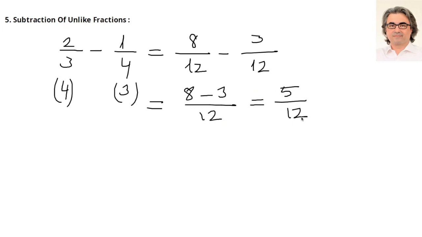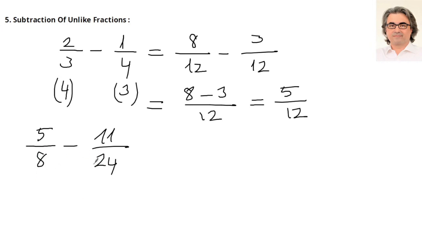Now let's continue with another example. 5 over 8 minus 11 over 24. Now, what is the least common multiple of 8 and 24?